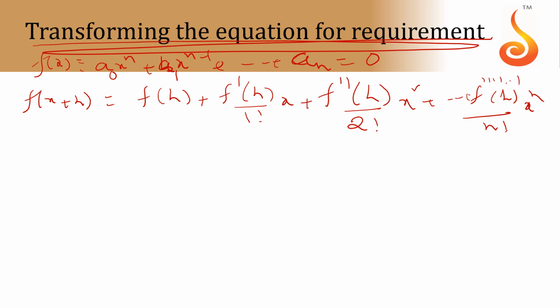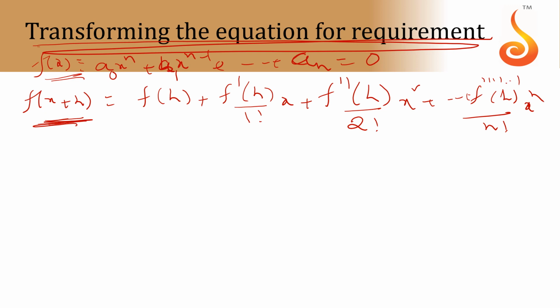So this is Taylor series. Now you know that when f of x is of nth degree, it will have n roots. If I calculate f of x plus h equal to 0, it will be a new, transformed equation, where roots will be decreased by h, because of plus h, no? So roots will be decreased by h.